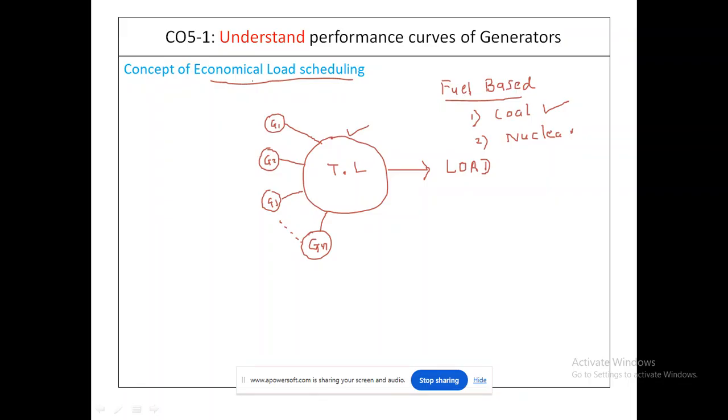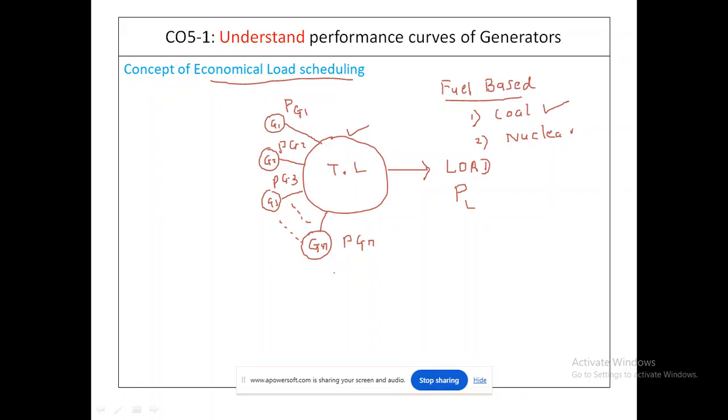Now what is economical load scheduling? Economical load scheduling means what? Suppose we are given a certain load. Now this load has to be supplied from the generators. So I have to generate PG1 here, PG2, PG3, and so on up to PGN.